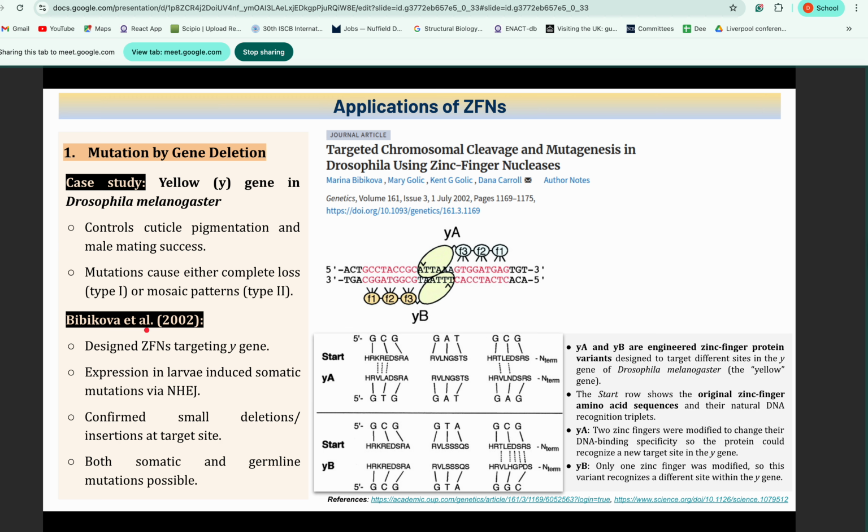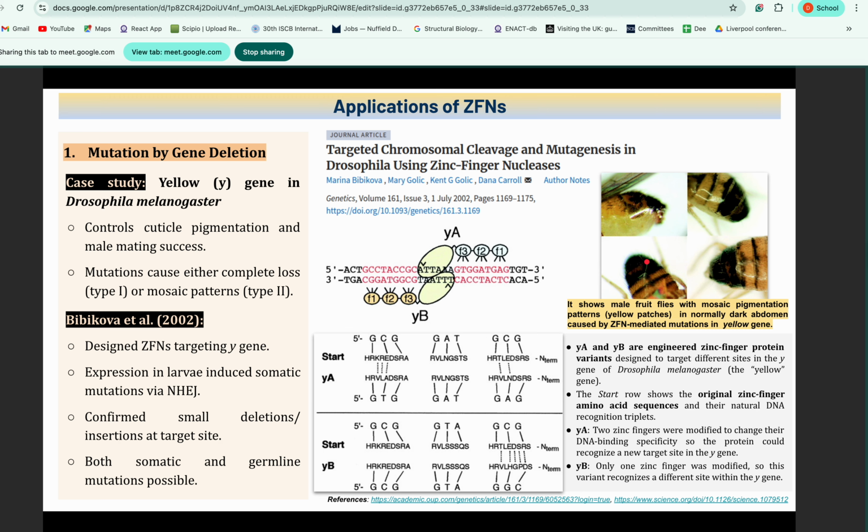Then there is a study by Bibikova et al. in 2002 in which they designed zinc finger nucleases which target this particular yellow gene, expressed in the larval stage. It induces somatic mutations. In overview, these zinc finger nucleases bind the yellow gene and bring mutation.